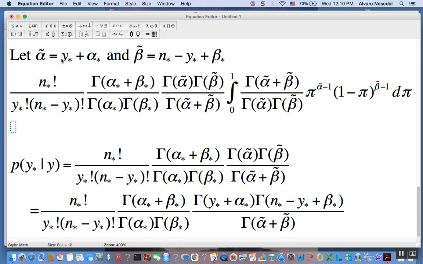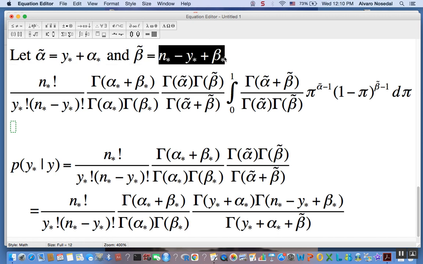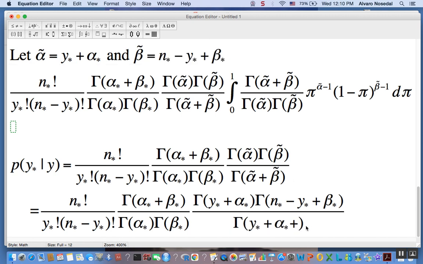And this guy here would be y star plus alpha star. Beta tilde would be this guy here, right? Note that when we do the math, y star minus y star cancel out. So we only have alpha star plus beta star plus n. Let me write that down like that. Looks nicer. Make sense?